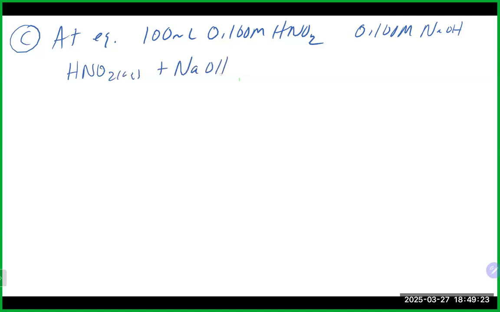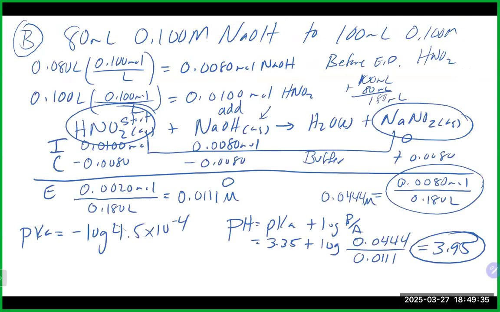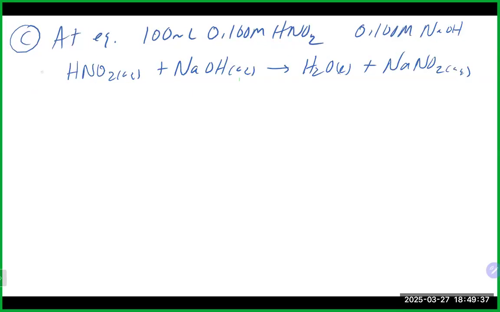And we will also have, just like in the previous step, our initial moles of our acid, which was 0.01 moles. So we'll borrow that, 0.01 moles. That is what I'm starting with. This is what I'm adding.